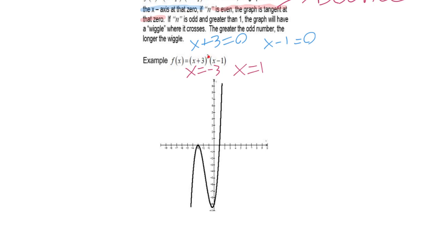That's because we've got a 2 as our exponent. 2 is an even number. That creates our bounce. Whereas at x equals 1, we have a crossing over from a negative field to a positive field. That occurs because our exponent here, even though it's not written, is the value of 1. So if we have an odd exponent, we're going to cross over. If we have an even exponent, we're going to bounce.